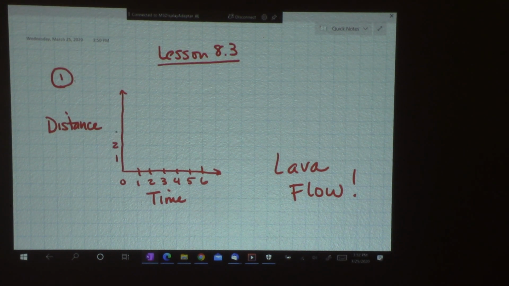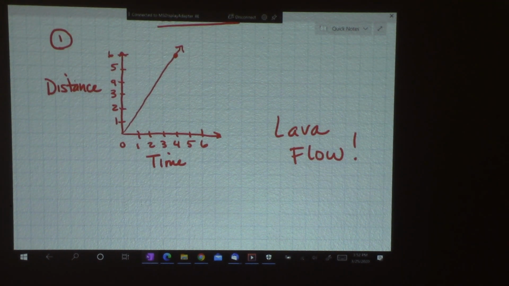And 1, 2, 3, 4, 5. I've got one point here up at 4, 6. So this goes up like this. Okay, that's our picture. And we need to find the slope of the line.